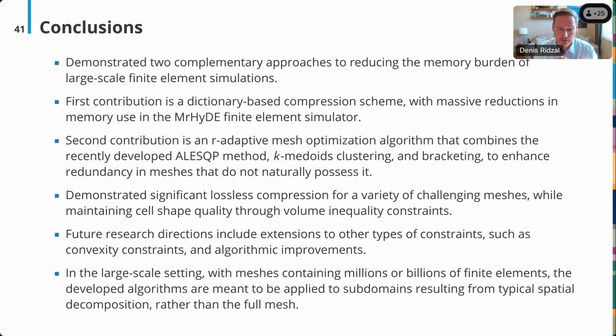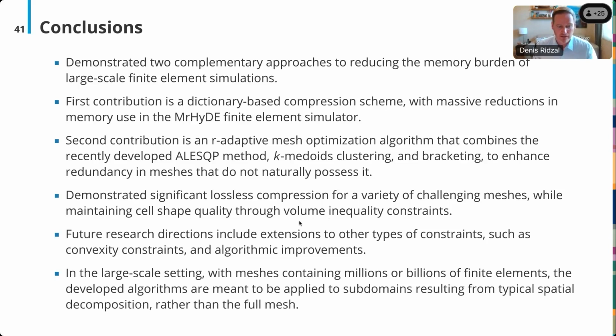There we combined the ALSQP method with k-medoids clustering and a bracketing procedure. With that, we demonstrated significant lossless compression for many challenging meshes, and we managed to maintain cell shape quality through volume inequality constraints. In the future, we can think about convexity constraints, which I think make a lot of sense in many applications. And we can speed up these algorithms quite a bit, I feel.